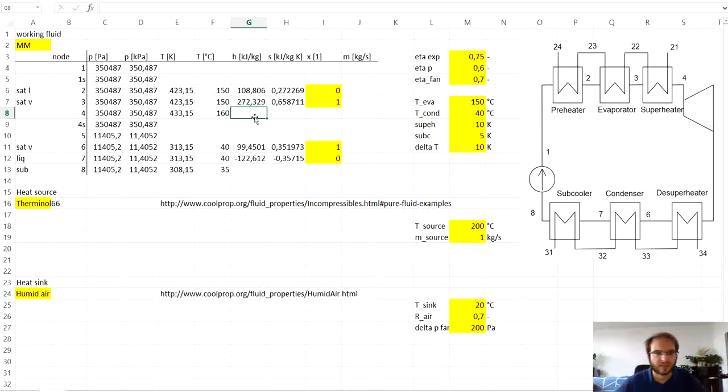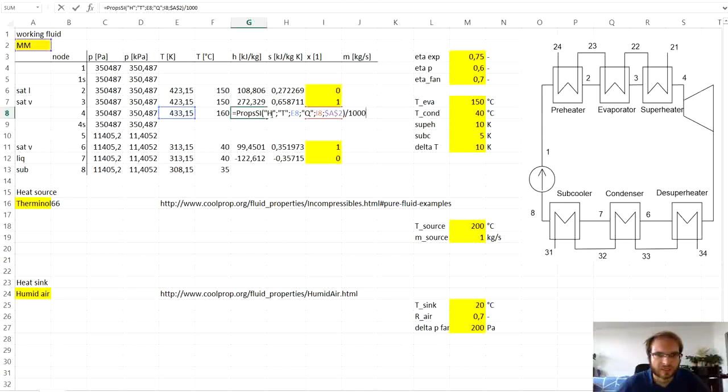Now let's have a look at the point 4 and 8, because those are the points in single phase where we have provided the temperature and pressure. So in single phase, the temperature and pressure completely define the thermodynamic state, and we can use these two parameters to get others. So let's use the function of enthalpy as a template.